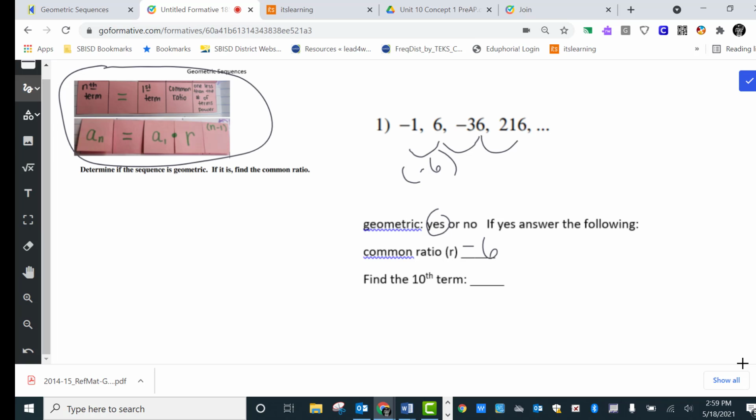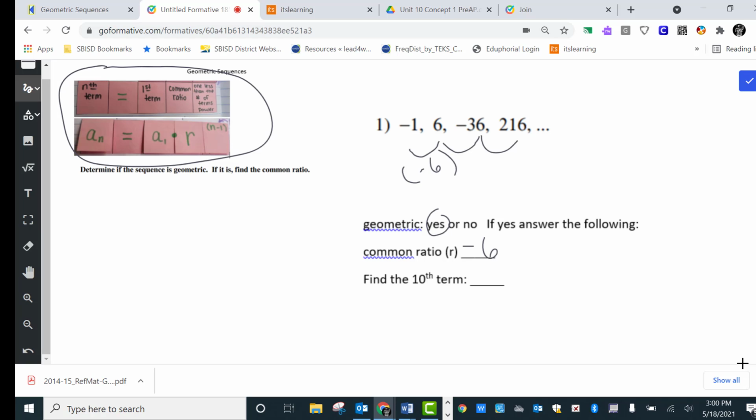So the formula says a_n is equal to a_1 times r to the n minus 1 power. a_n represents the nth term, so that's whatever term you're looking for. a_1 is your first term in the sequence. The common ratio r is whatever you're multiplying by to get to the next term, and then n minus 1 means one less than the number of terms power.